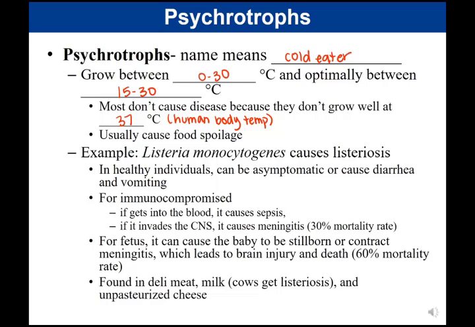And so even if, let's say, you are vegan and you don't eat animal-based products, that does not mean that you're safe from listeriosis. It just means that your risk is probably lower, but you could still contract it from other types of food products as well. It's a foodborne illness. And so that would be an example of a pathogenic psychotroph.